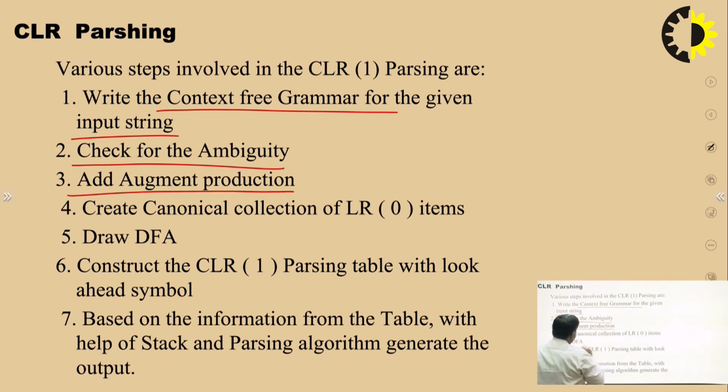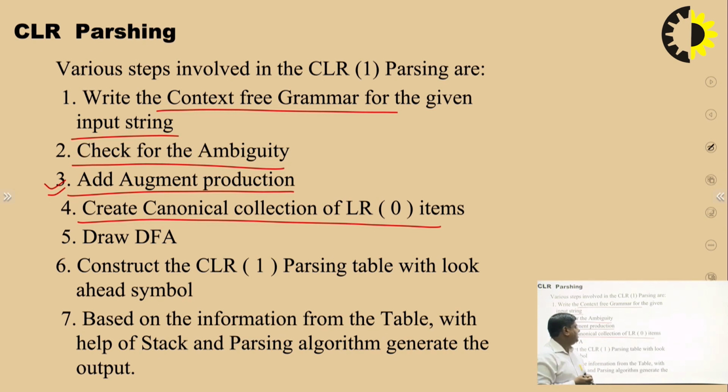This step is common for LR parsing, SLR parsing, and CLR parsing. Then we add the augmented grammar, and in the previous lecture I explained how to add the augmented grammar of a given context-free grammar.